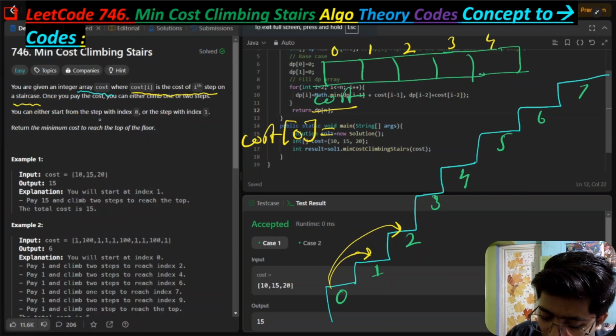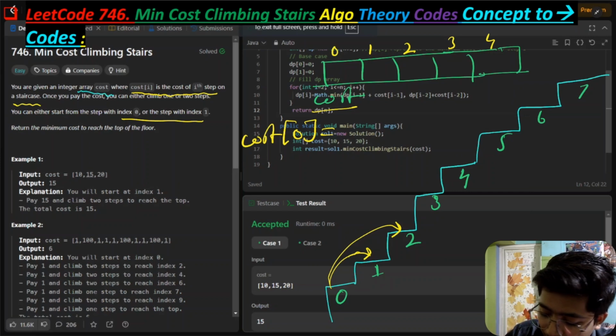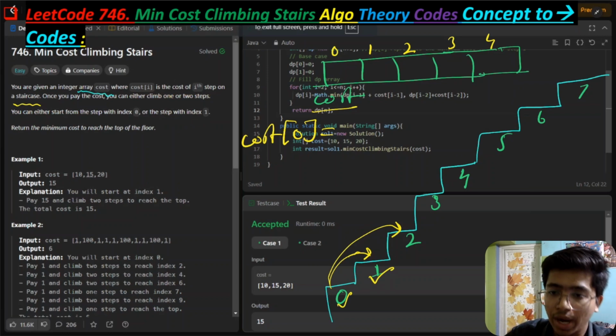You can either start from the step with index 0 or the step with index 1. So we can either start from this stair or from this stair. We can start from those two stairs. Right now we have two opportunities where we can start, and for that we don't need to pay any cost.